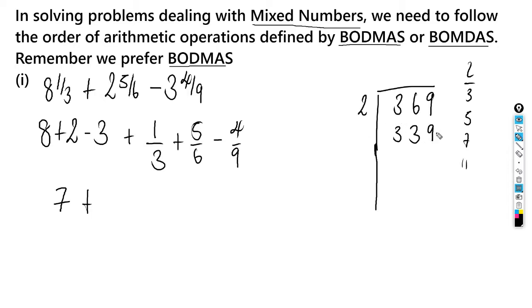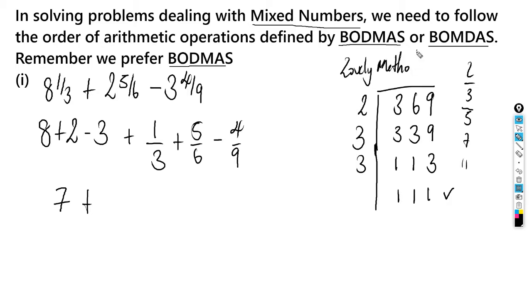Can 2 go into 3, 3, or 9? No. Can 3 go into 3, 3, and 9? Yes. So we're going to get 1, 1, and 3. Can 2 go into 1, 1, and 3? No. Can 3 go into 1, 1, and 3? Yes. So we're going to get 1, 1, 1, which is what we're supposed to get at the end of the lovely method.